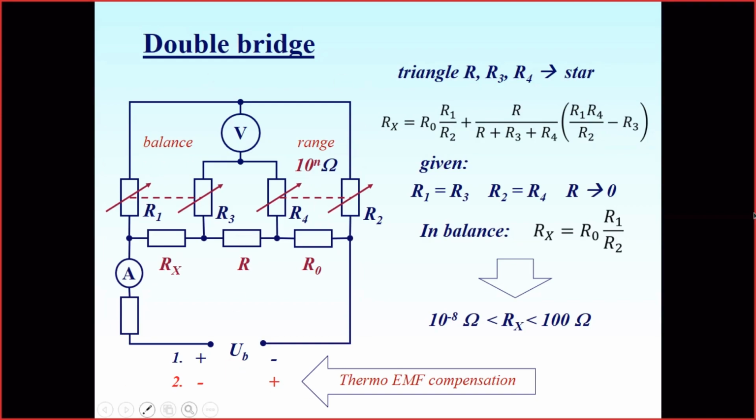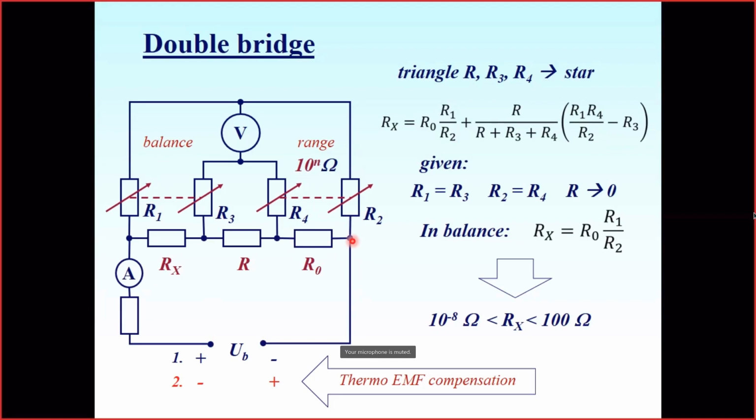And the double bridge is so accurate that we actually should take into account the thermoelectromotive force that may appear in any connection when we attach two different types of wires, I mean made from different materials. So if I have this R copper, I may have copper here, but probably here I have some tin covered contacts and so on.